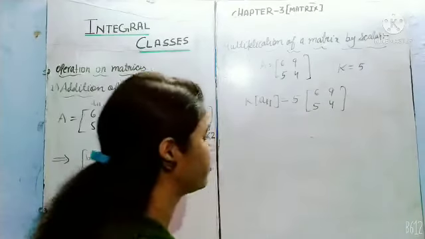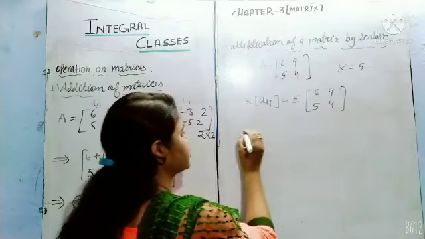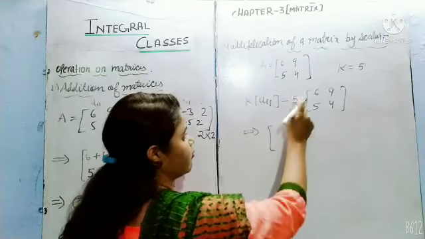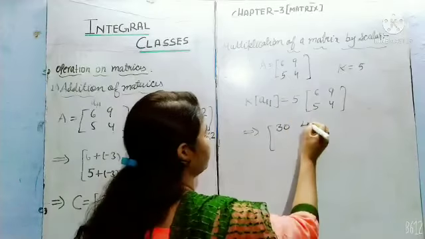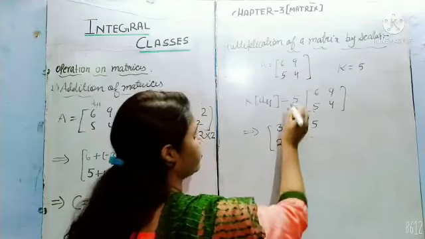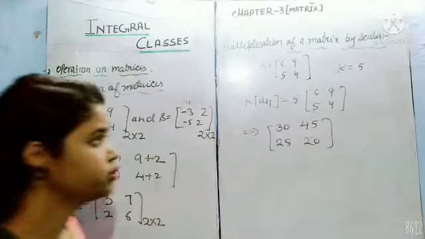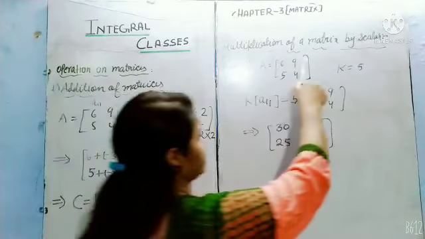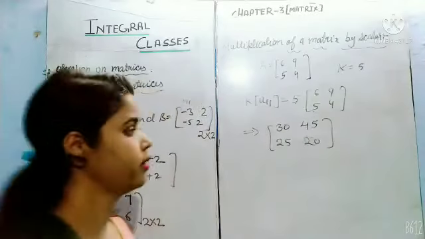We multiply it by every element of the matrix. Then we get 5 times 6 is 30, 5 times 9 is 45, 5 times 5 is 25, 5 times 4 is 20. This product is called multiplication of a matrix by a scalar. This constant value is called a scalar.